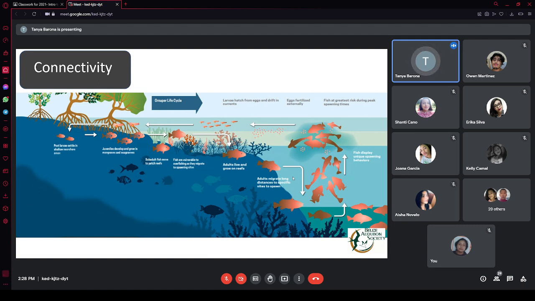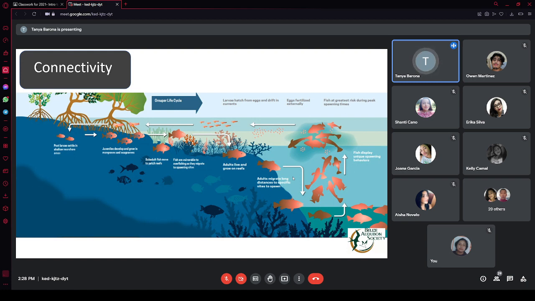Then eventually they use all these nutrients like I just talked about, all right, and they grow into subadult fish and then eventually migrate back out to the coral reef and eventually to the pelagic again, and the cycle continues. So maintaining these two ecosystems, the seagrass beds and mangroves, is very important or essential for the survival of many species, right?